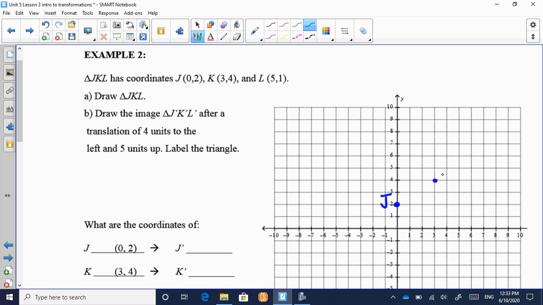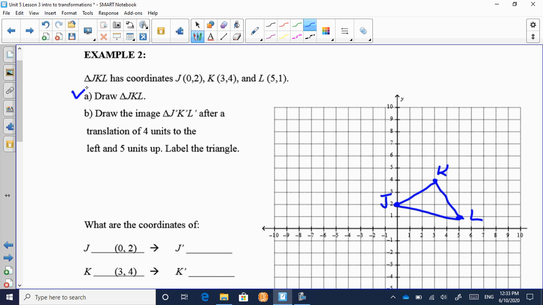So 3 in the x, 4 in the y. So there's K. And L is 5 in the x, 1 in the y. So there it is. There's L. All right, so let's draw it. I'm just going to do my best here. J, K, L. Okay. Done.